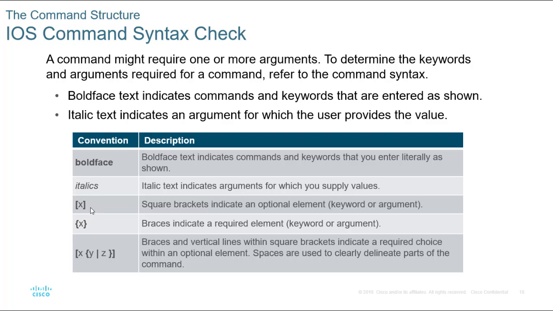Square brackets means optional. Curly braces means a required keyword or argument. And if you see something like braces and vertical lines within square brackets, this is an optional element, but within that, if you do use that optional element, then these are the required choices within that optional element.